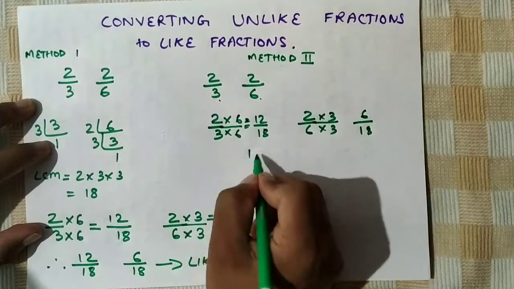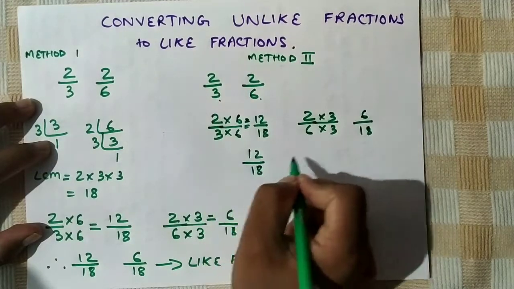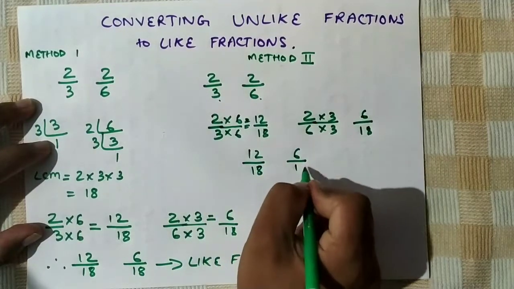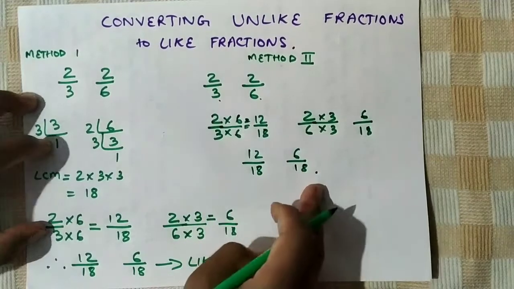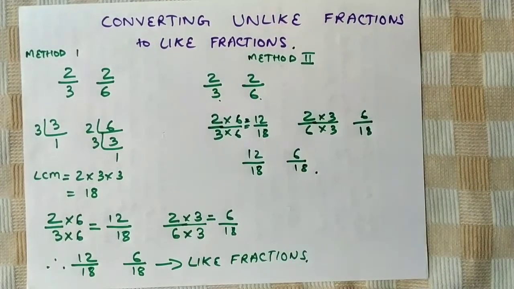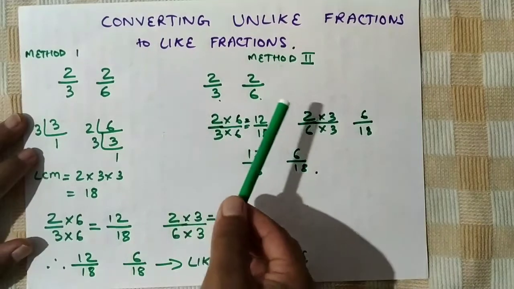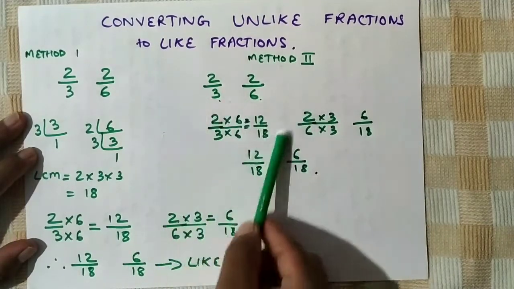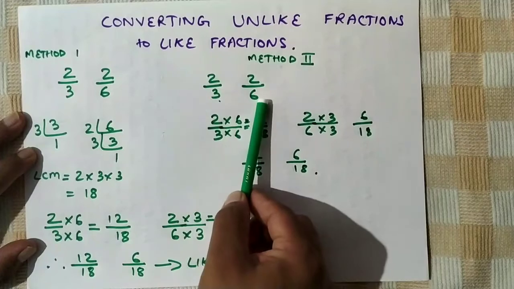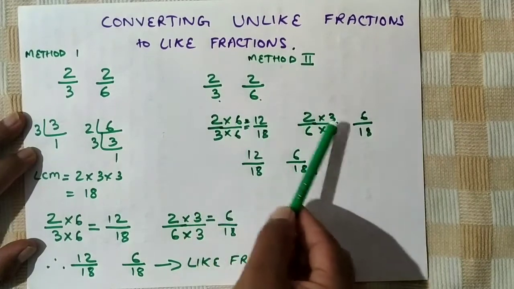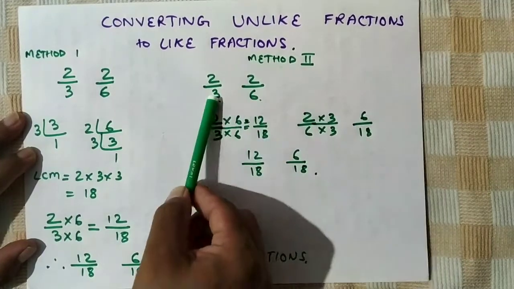Therefore 12 upon 18 and 6 upon 18. So these are like fractions. You'll have to multiply it with the other denominator. In the first one we multiplied with 6, and in the second one we multiplied with 3.